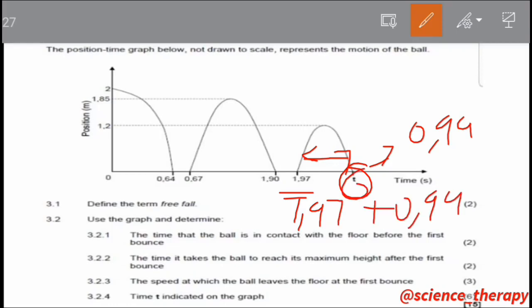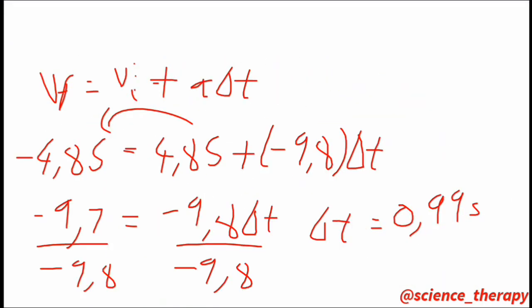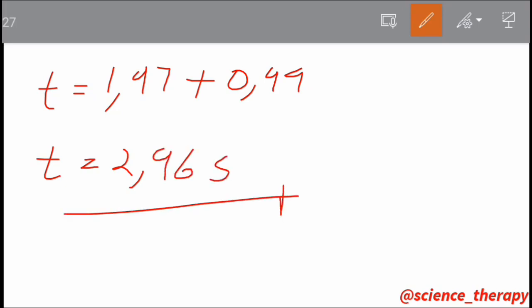So t is 1.97 plus 0.99, and t equals 2.96 seconds. And that's how you could have tackled that one. Awesome.